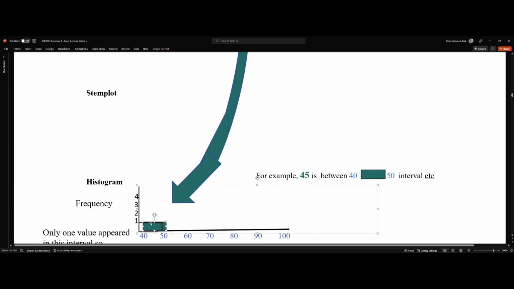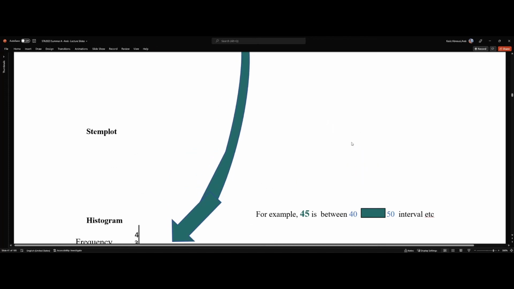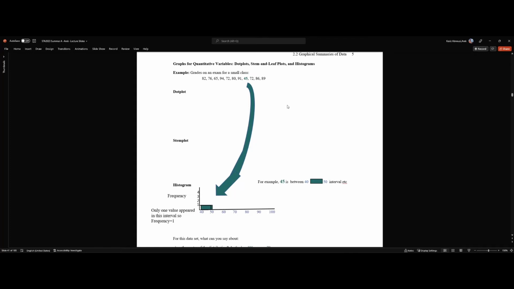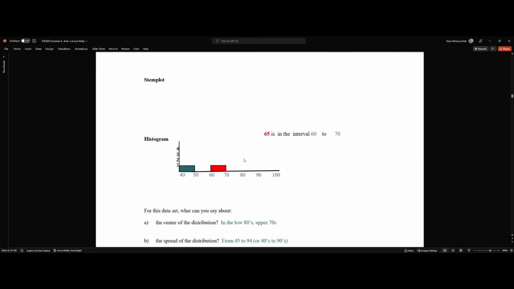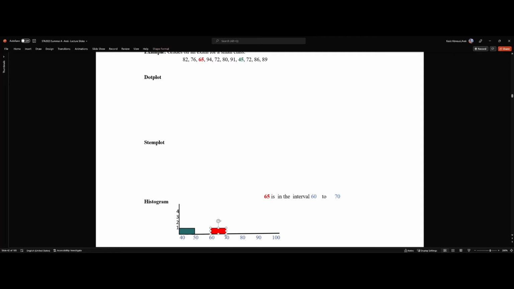That's why the frequency, if you draw a horizontal line, is 1, because only one value appeared in this interval between 40 and 50. Then we do the same for 65. It's straightforward, and it's just one number contained here, so the frequency is again 1.